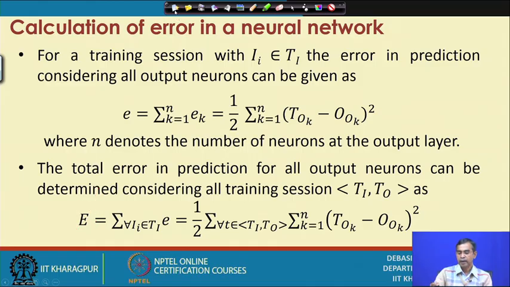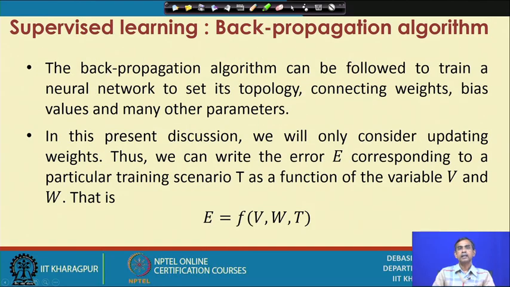Now we have learned about how the error of a network can be calculated. This error calculation is one important thing, and now we will see how this error calculation is useful in the back propagation algorithm.